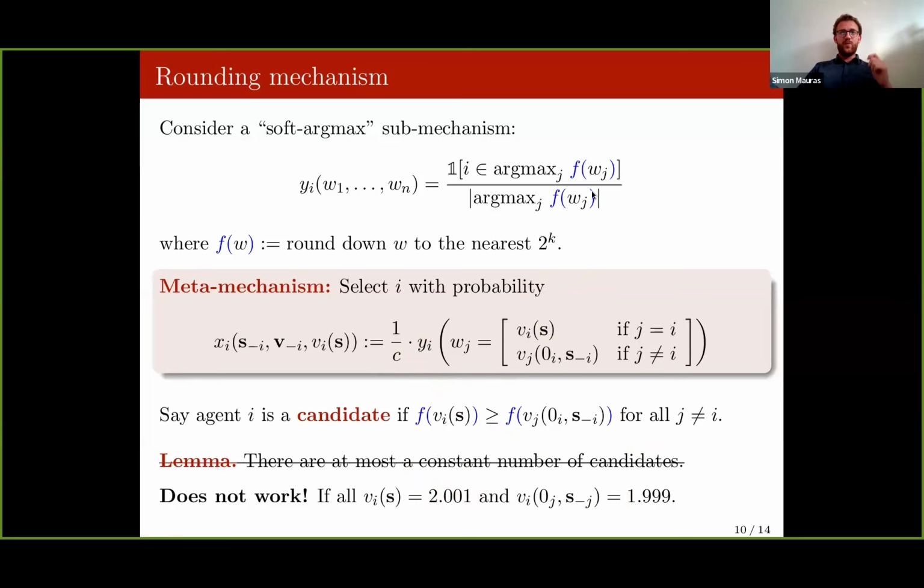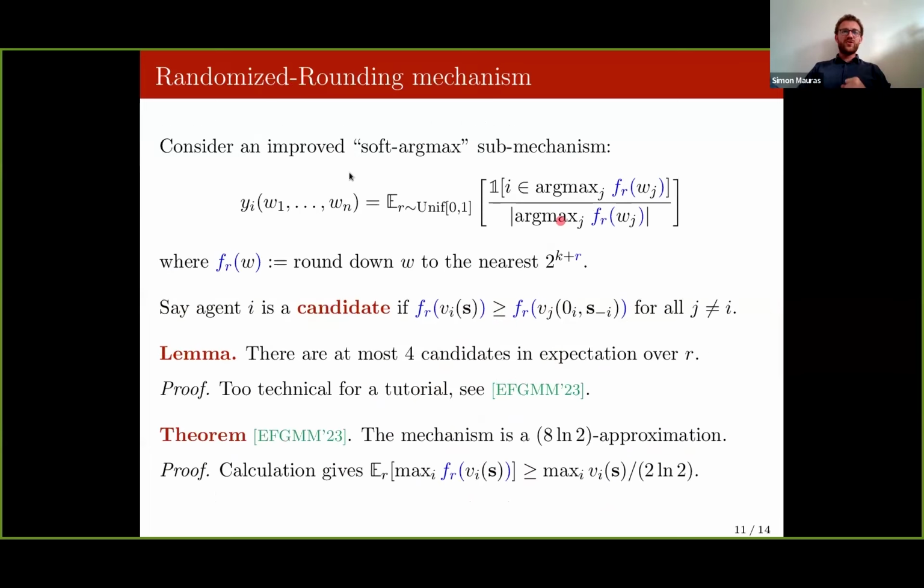So here we turn to randomization. That's the final trick to get a constant approximation. We've seen that the main problem was this threshold of 2 being exactly in the wrong place, exactly between the values and low estimates. So what if now we decide to round down, not to a power of 2, but to a randomly shifted power of 2.